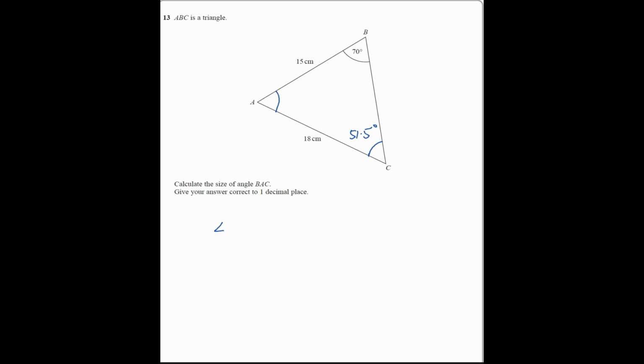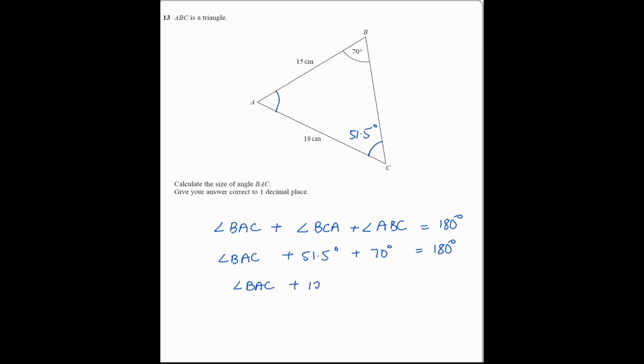Angle BAC is not given, plus angle BCA equals 51.5 degrees, and angle ABC is 70 degrees, equals 180 degrees. So 51.5 plus 70 is 121.5 degrees, and that equals 180 in total.